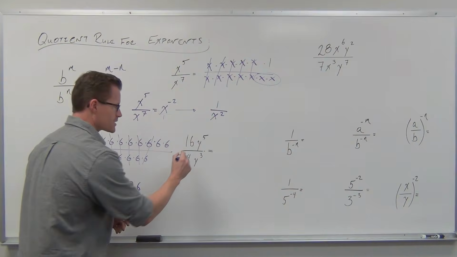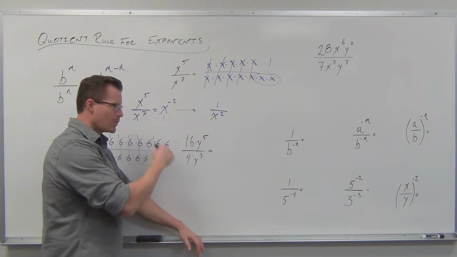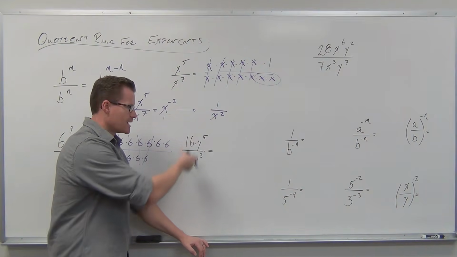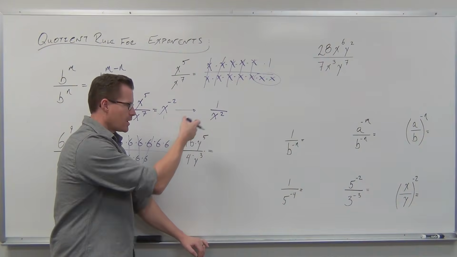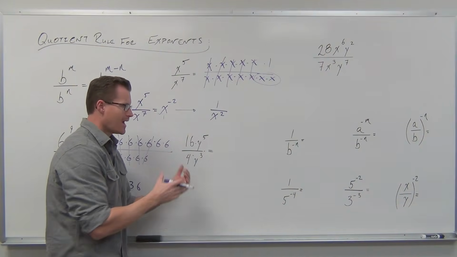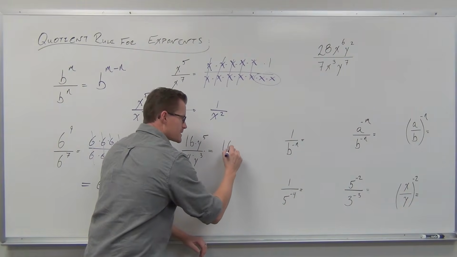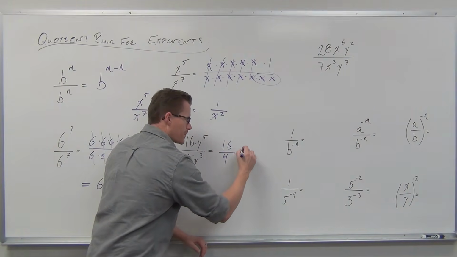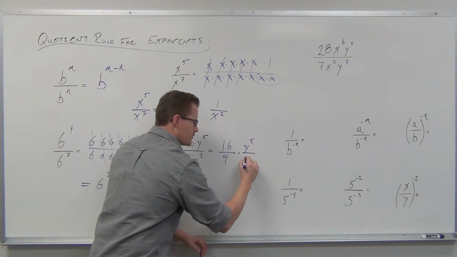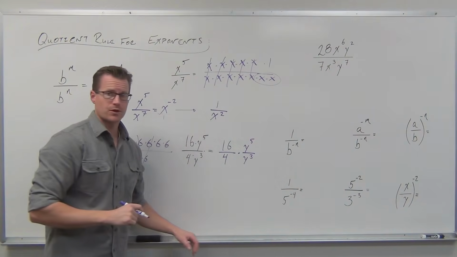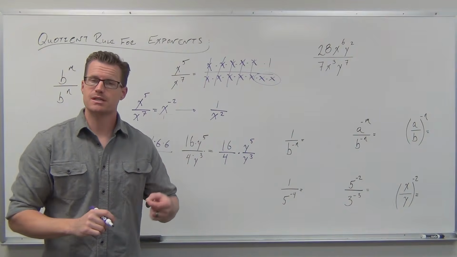You see, when we have this product and product, we can really think about this as 16 divided by 4 and y to the 5th divided by y to the 3rd, and we can separate this. So you could really think about this as 16 over 4 times y to the 5th over y to the 3rd. And you can do that with every single factor.